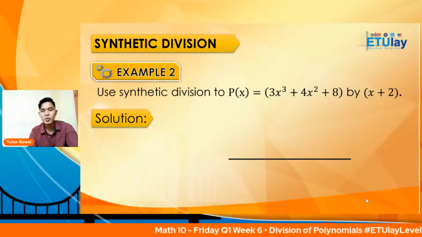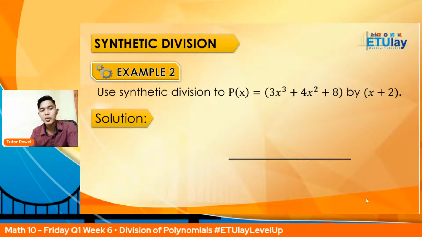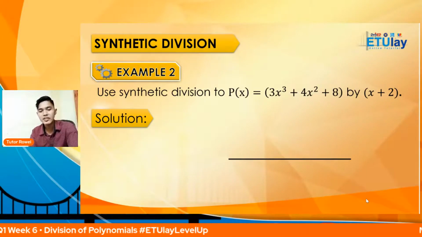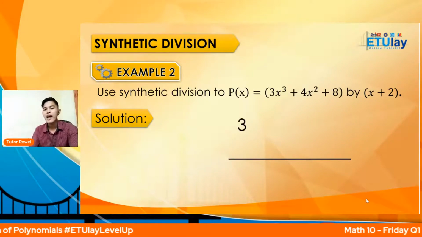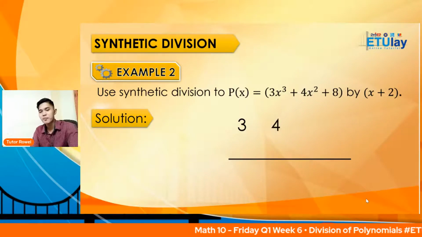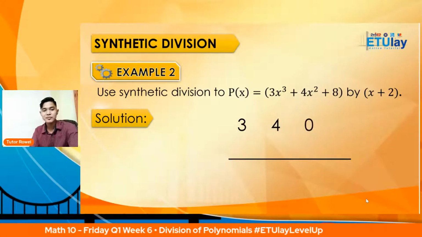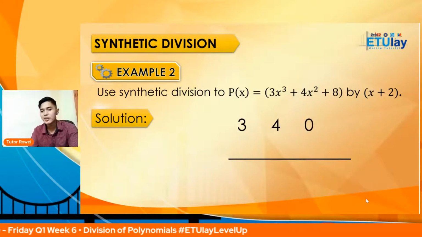Okay po? Pag kulang, kailangan punan. Now, ano yung numerical coefficient ni x cubed? 3x cubed. That is 3. Ano yung coefficient ni 4x squared? That is 4. Since wala tayo dyan na x lang, maglalagay tayo ng 0. May kulang po. So, 0 yung ilalagay. Ano yung sunod kay x?